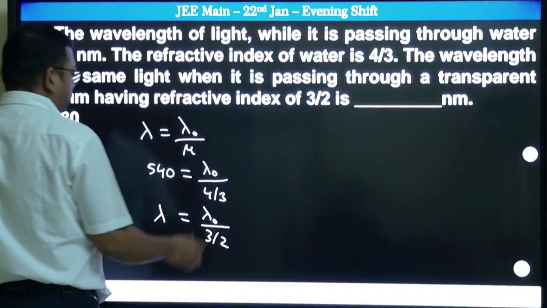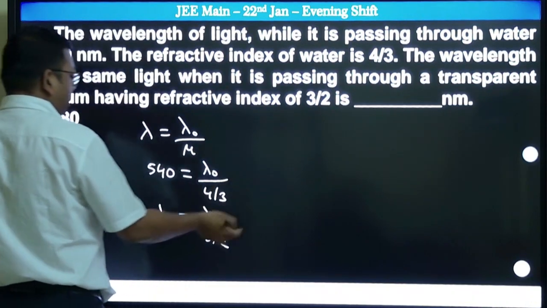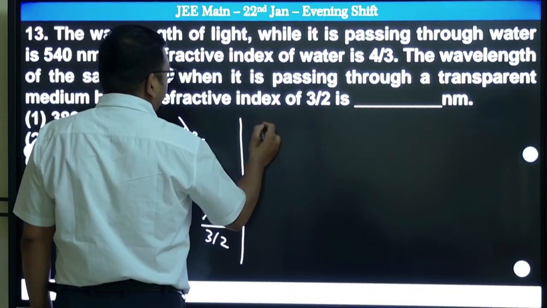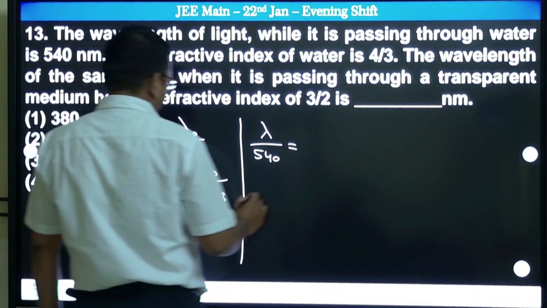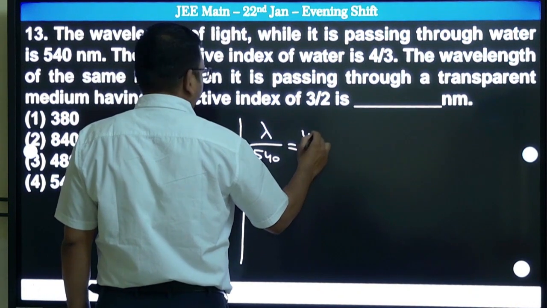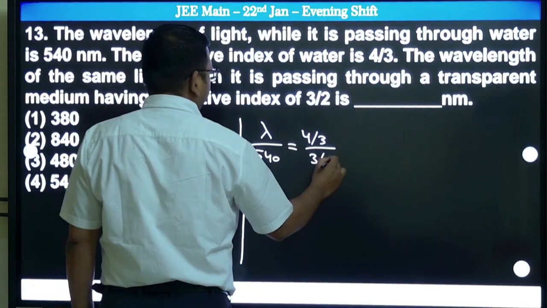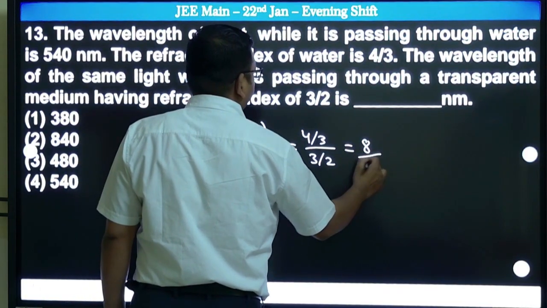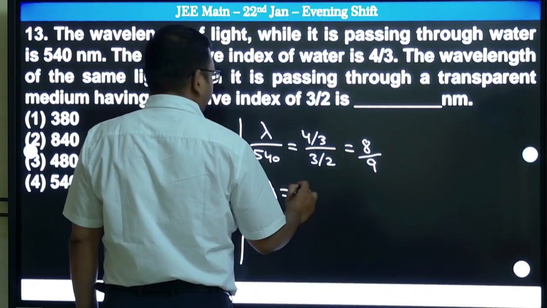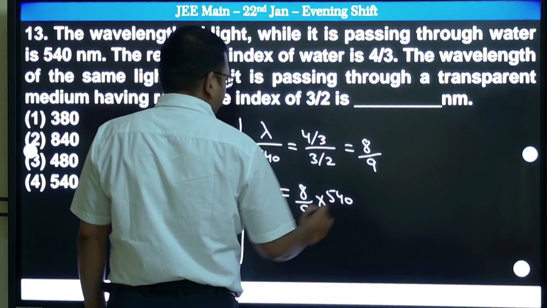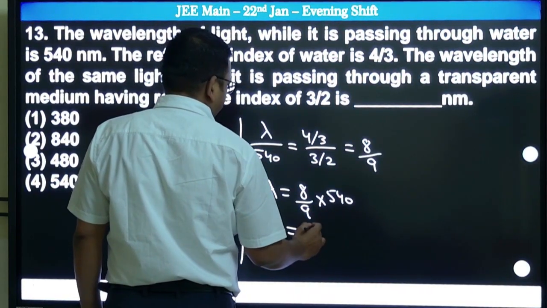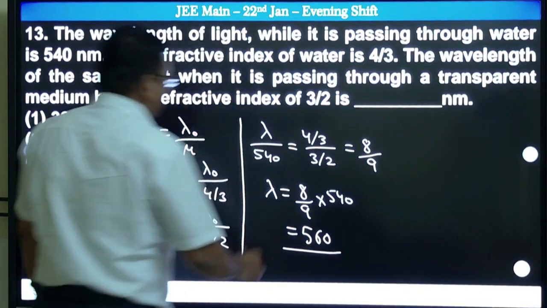So just take the ratio, second by first. So lambda by 540 equals 4 by 3 by 3 by 2, so it is going to be 8 by 9. So lambda is 8 by 9 into 540. So 9 into 7, 8 into 7, 560. Correct?